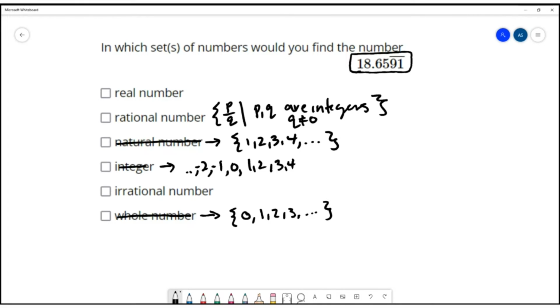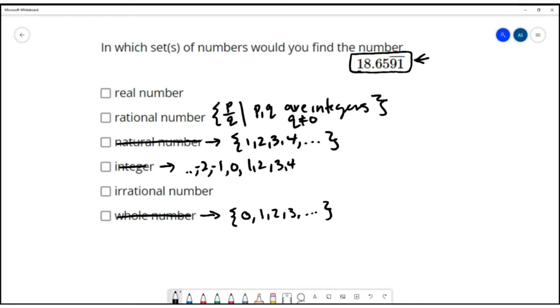But there are numbers that are not written in fraction form that you can write in fraction form, and that's what we see here in this repeated decimal. If you have a terminating decimal or a repeating decimal, these are numbers that can be written in fraction form.